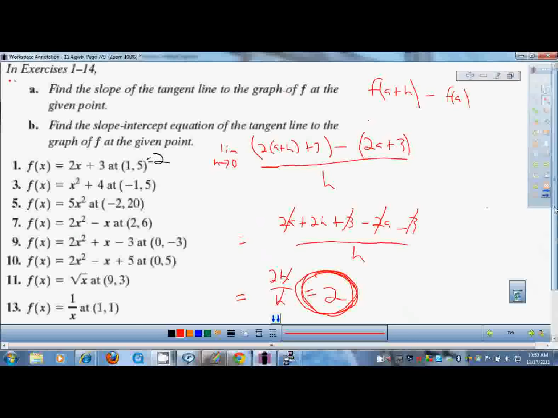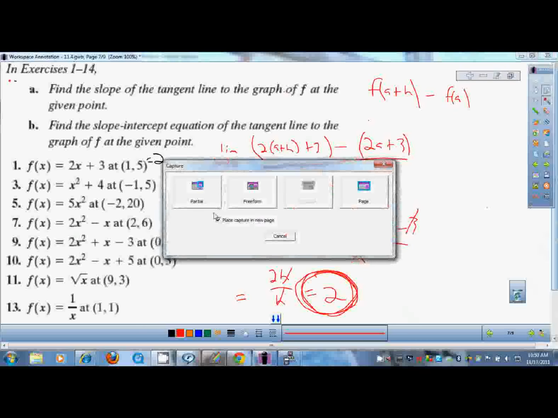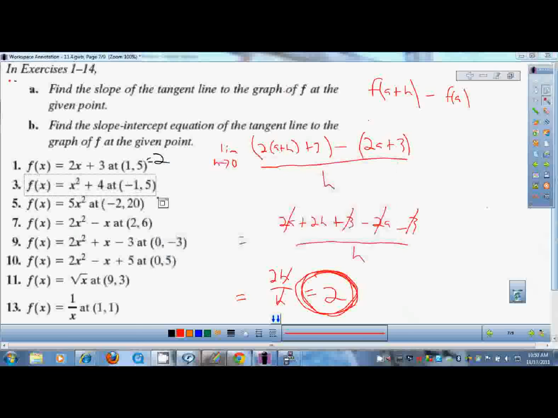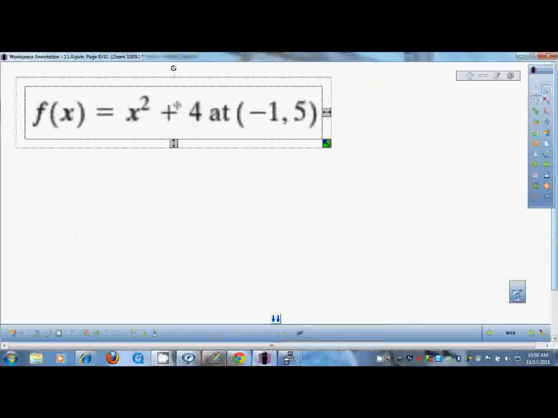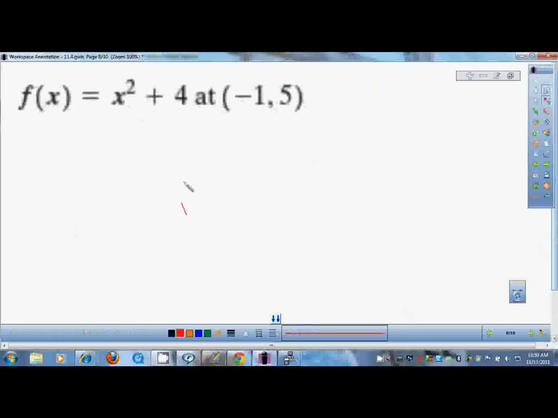Let's look at number 3. That one will get a little bit more of a different answer. Number 3. Here we go again. Limit, as h approaches 0, of f of a plus h minus f of a over h.